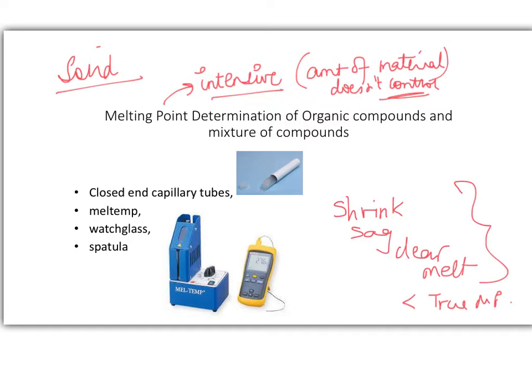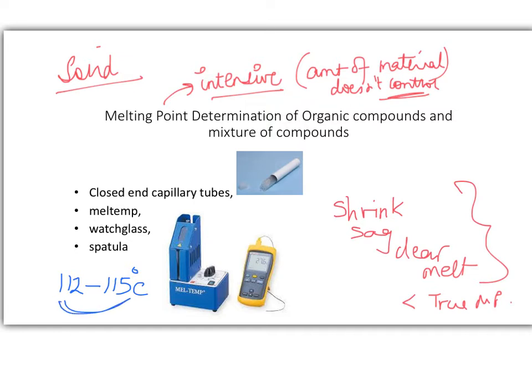Irrespective of your range size, irrespective of the numbers, report your data as a range. What I mean by that is, let's say your sample starts to show the signs of melting. And the first sign would be the shrinking, so the compound would seem like it's sweating. And it goes from 112 to 115, maybe, the temperature at which it completely melts.